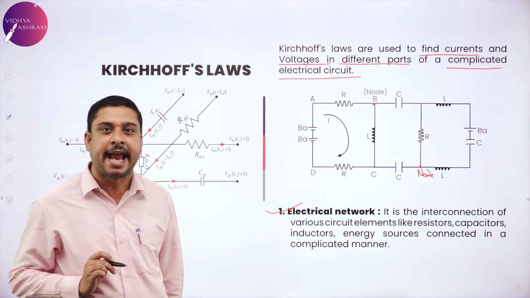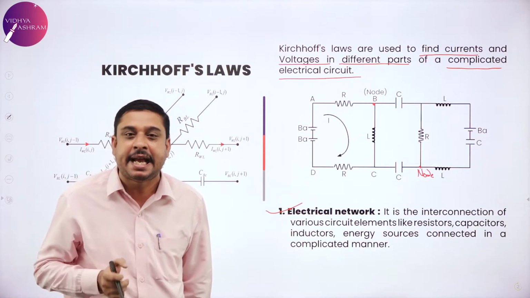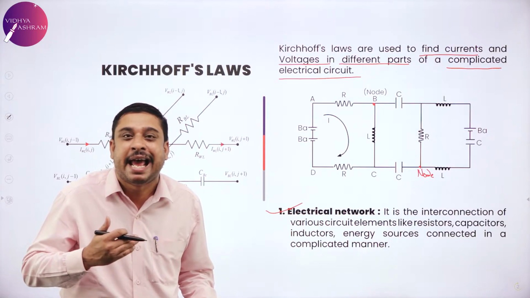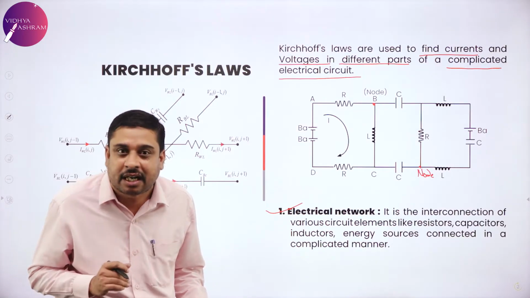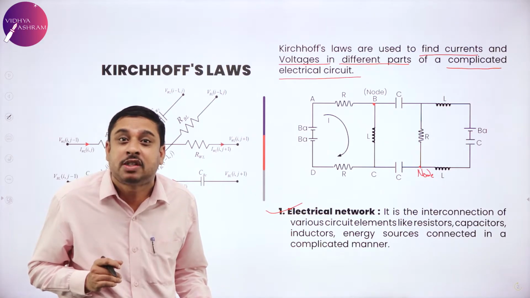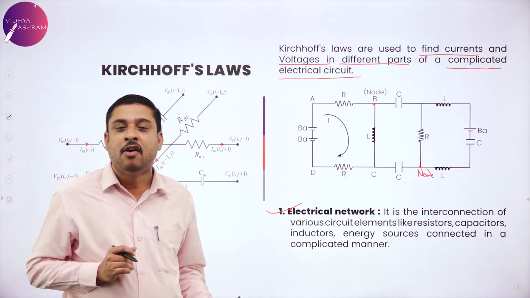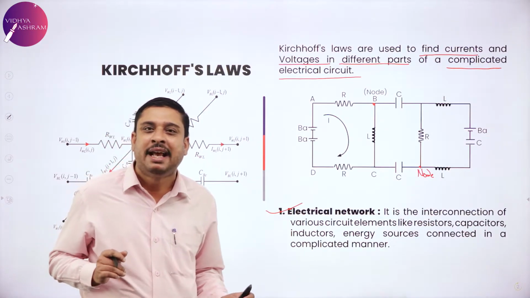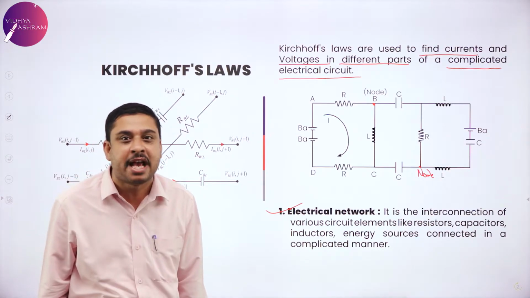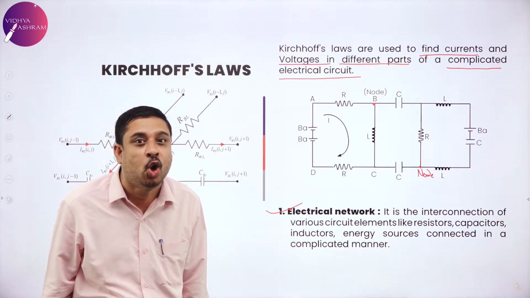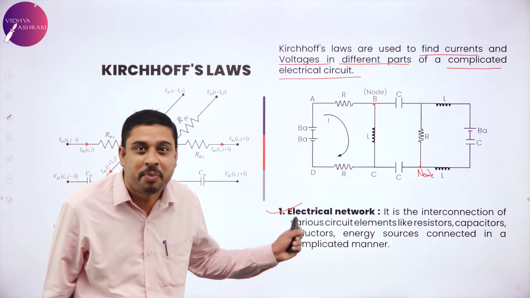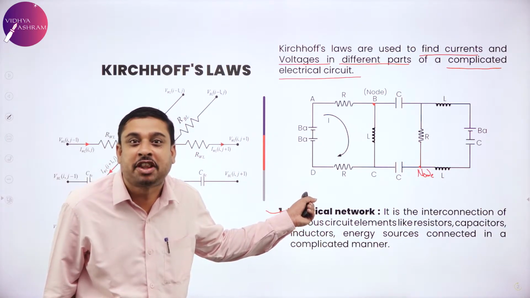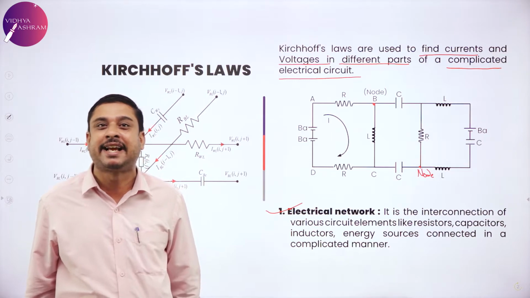I repeat again, in any electrical network, a closed path for the flow of current is what I call a mesh or a loop. Like Vikramadityan and Betala, it is a closed path for the flow of electric current.